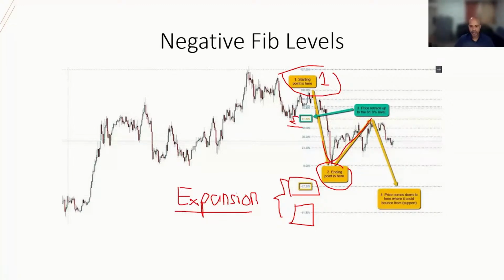Do take note, after forming this significant swing low here, price must retrace to at least 50%, or even better, 61.8%. When we see a market structure like this, and then price reverses and drops lower, breaking under the 0% or the ending point, that means the expansion levels at negative 27.2 and negative 61.8% Fibonacci are potentially going to function as significant support levels.